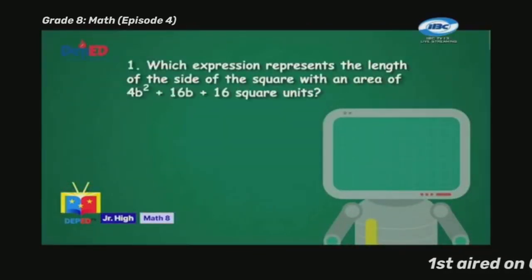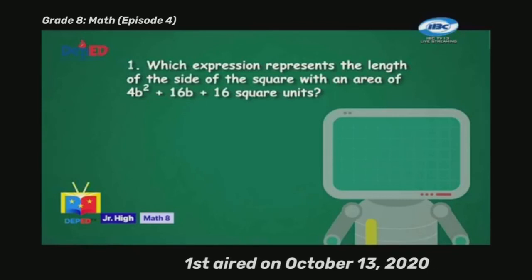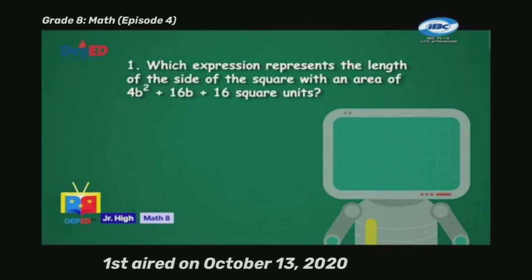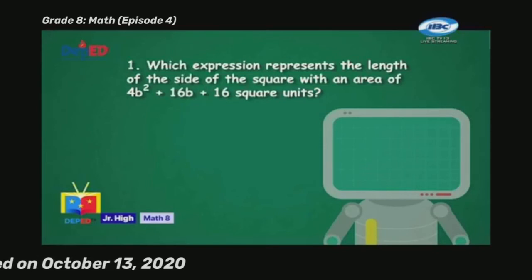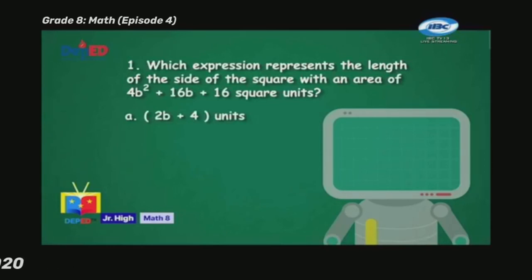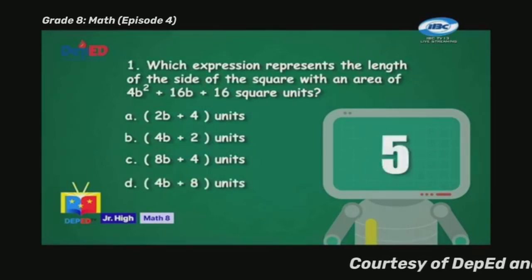Number 1. Which expression represents the length of the side of the square with an area of 4b squared plus 16b plus 16 square units? Is it A, 2b plus 4 units, B, 4b plus 2 units, C, 8b plus 4 units, or D, 4b plus 8 units?